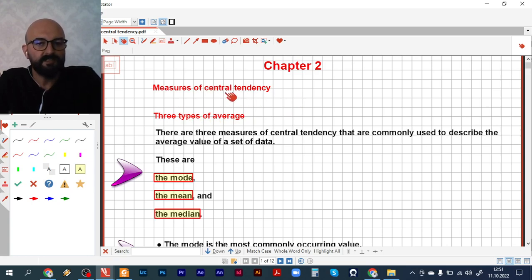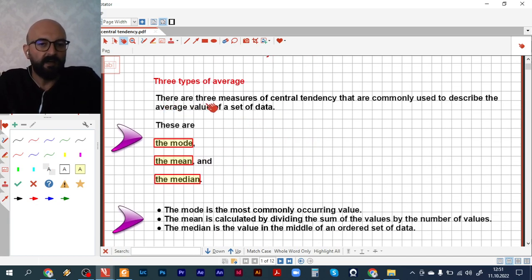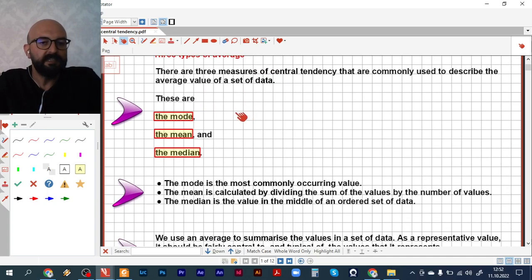Measures of central tendency you also learned in previous years, but this year we will learn a different part about mode, mean, and median. There are three measures of central tendency that are commonly used to describe the average value of a set of data. These are mode, mean, and median.